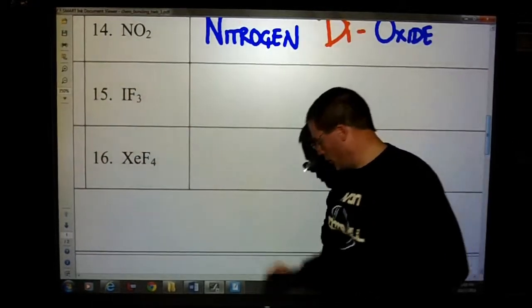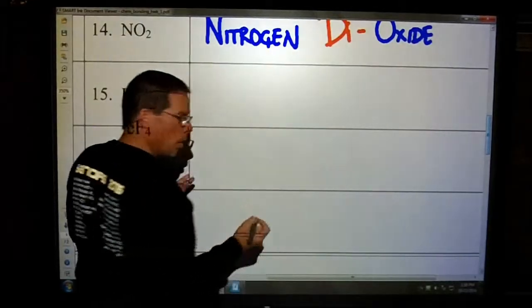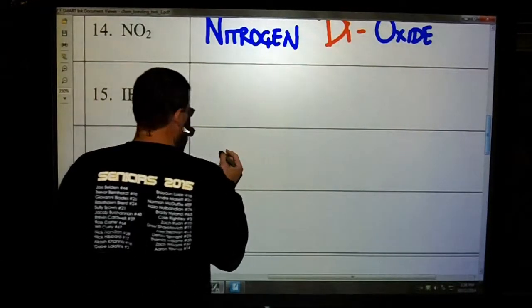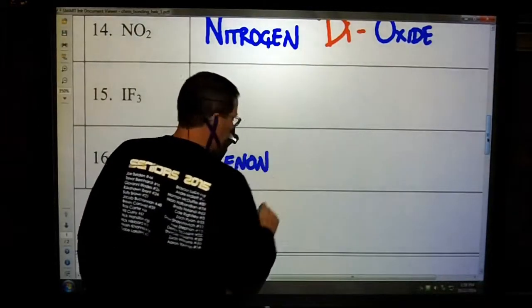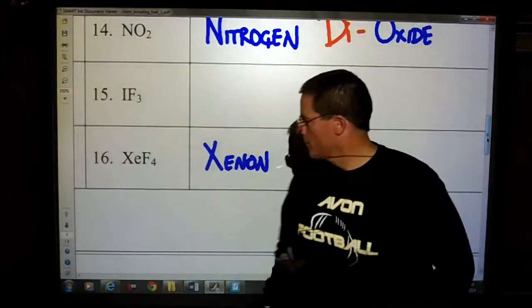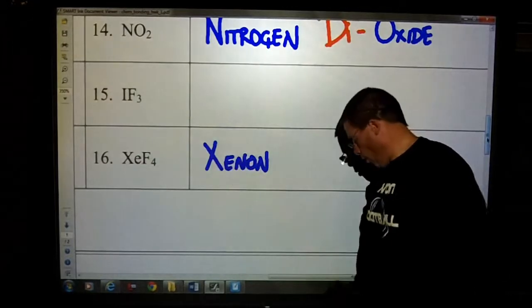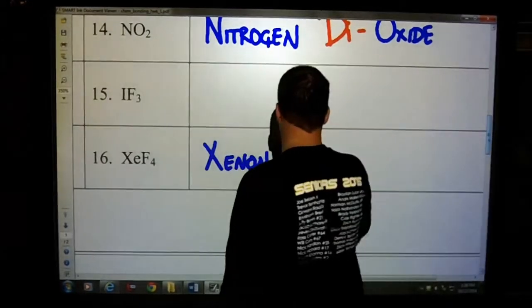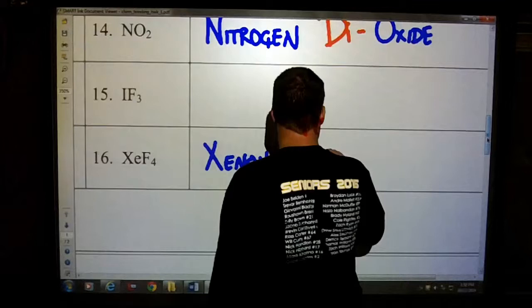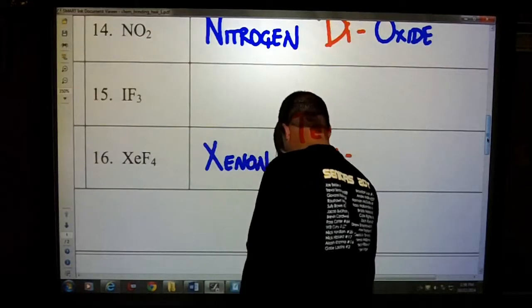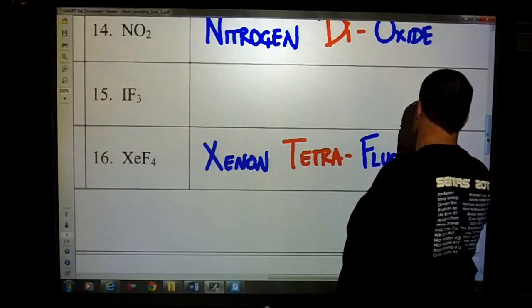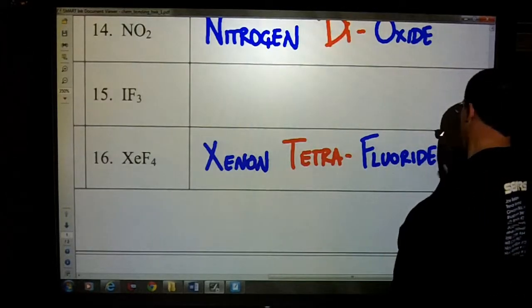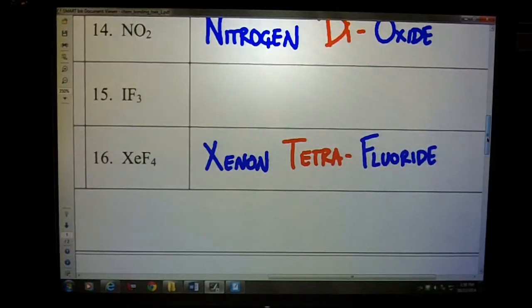Looks like we have 1 xenon, and that is a noble gas, so make sure you still know your noble gases. So xenon, and it's not a mono xenon. We have 4 fluorines, so we have a tetra, and fluorine goes to fluoride. Okay. All right, not too bad.